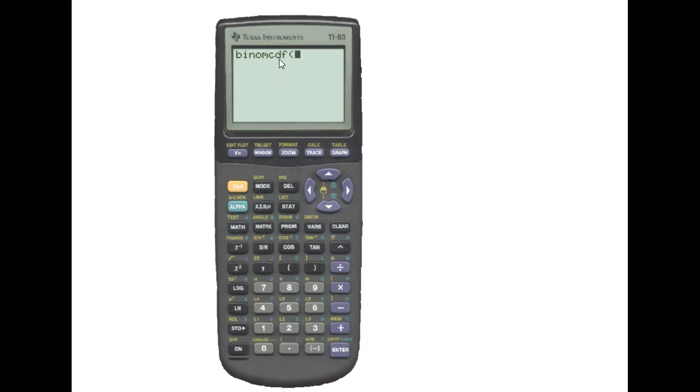But remember, binomial CDF gives the probability of being less than or equal to some value. So we need to think about how we can turn getting at least one tail into a less than or equal to.